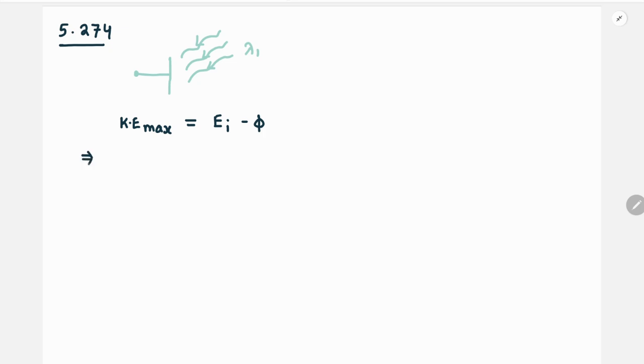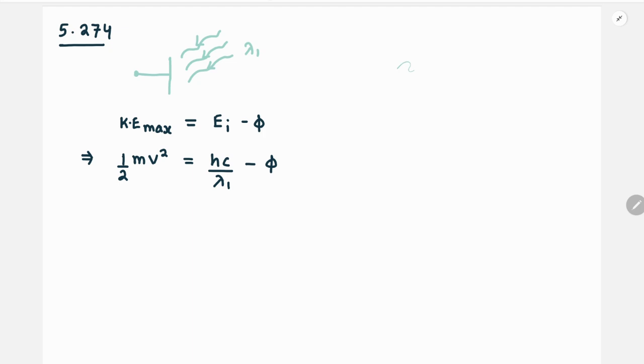So for the first scenario, we write half m v square equal to incident energy hc by lambda 1 minus work function phi.